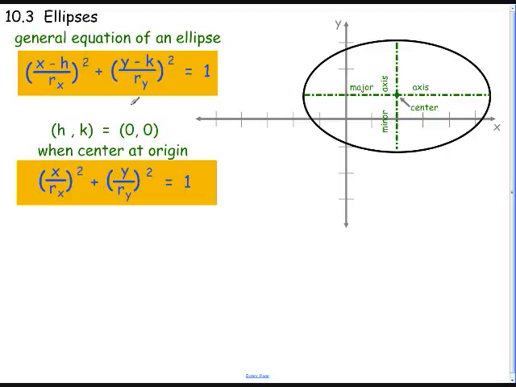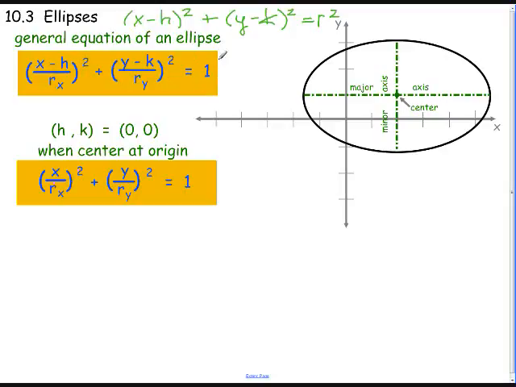Here's the general equation of an ellipse. Looks a little familiar, doesn't it? Something like what we saw for a circle. For a circle, it's x minus h plus y minus k, where we're talking about the center as being hk, equals r squared.